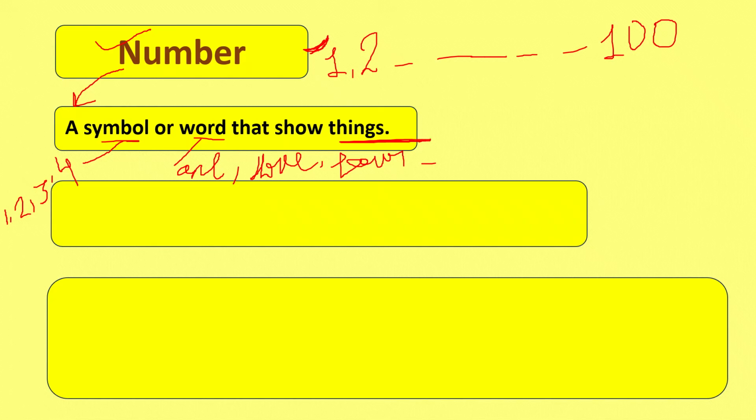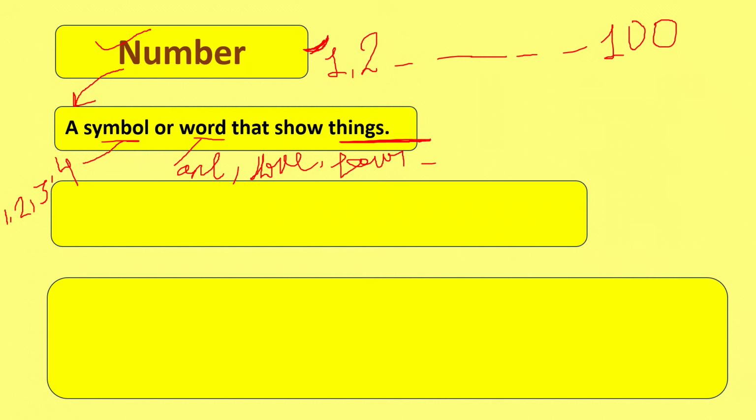For example, your notebook, book, box, pencil, eraser, sharpener, cutter, scissors for cutting paper, also your scale, your bag, your water bottle, everything which is around us. That is what we call things. So a number is that which helps us to count the things around us.